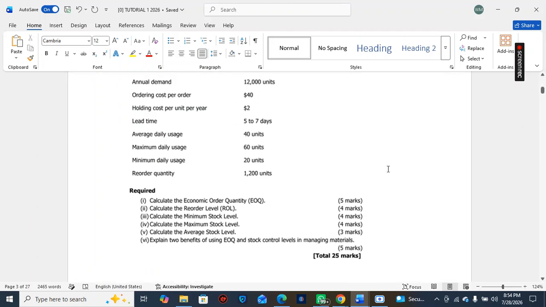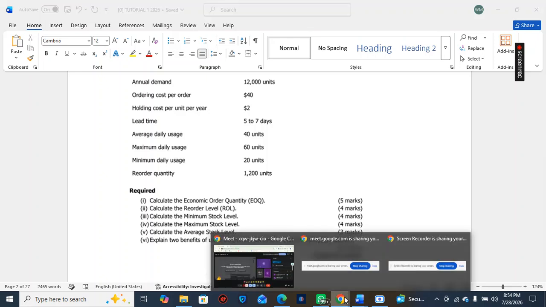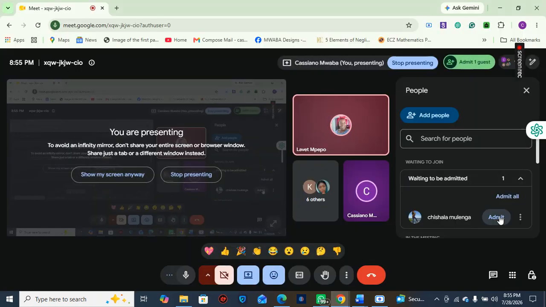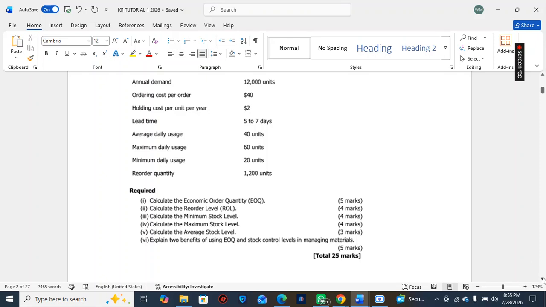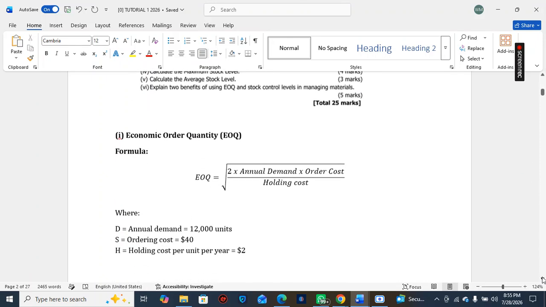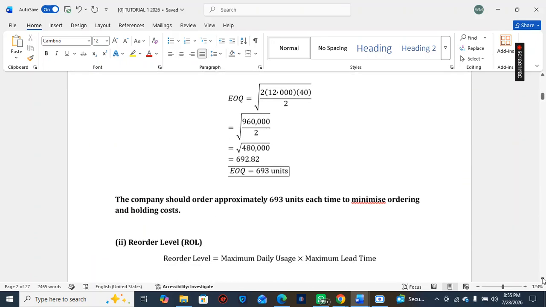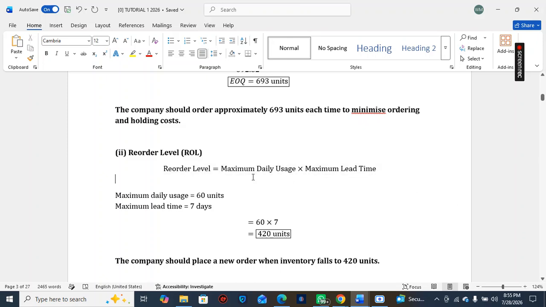Okay. Next, we need to get the reorder level. Colleagues, what is the reorder level? It tells you that when you reach this level of inventory, you need to place an order. So the reorder level is the maximum daily usage multiplied by the maximum lead time.